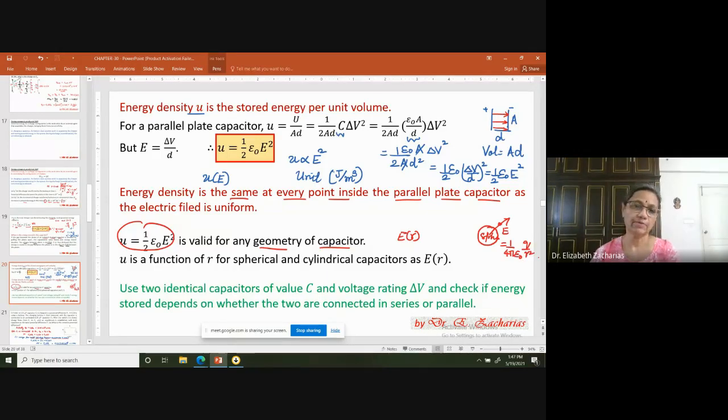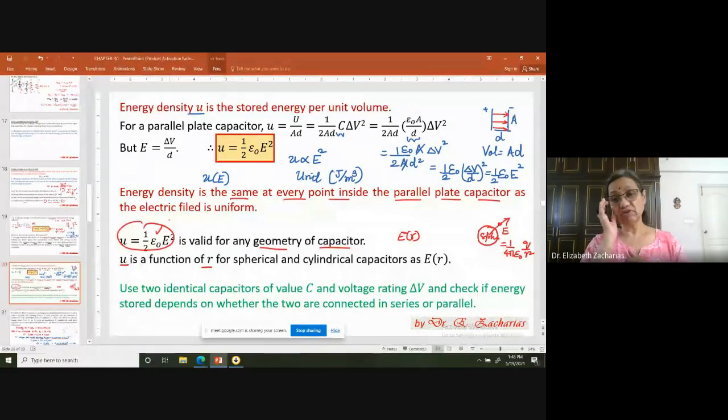It's a function of R. Similarly, for a cylinder also, the electric field is a function of R. That means the energy density is also a function of R. But this expression is going to hold good, because after all, energy density is half epsilon naught E square. Whatever is the value of E at a point, the energy density there is decided by the electric field there. In other words, energy density can have different values at different positions in spherical and cylindrical capacitors.